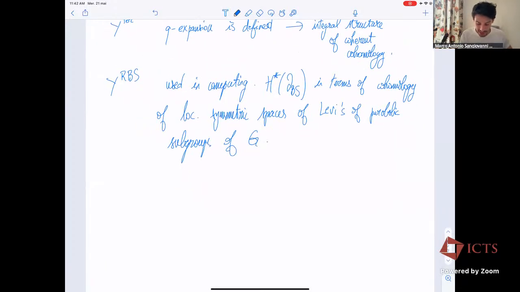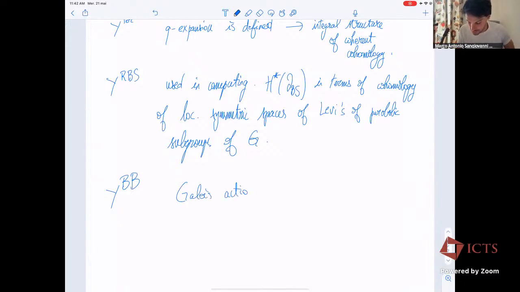And lastly, but not least, the Baily-Borel compactification allows one to understand the Galois action using results of Pink.